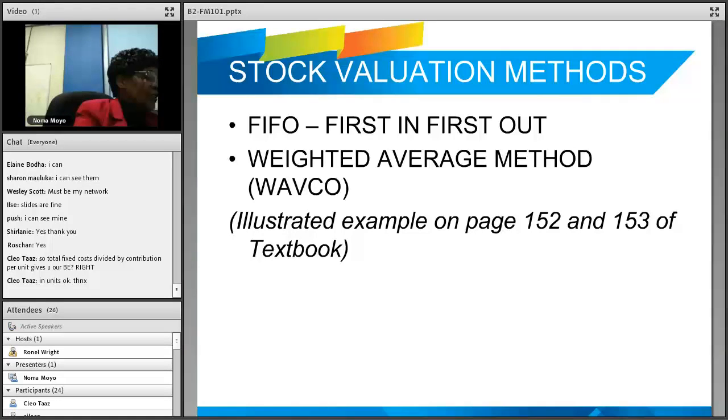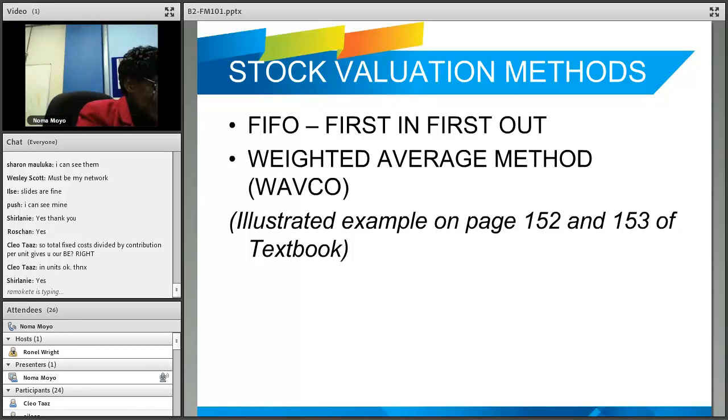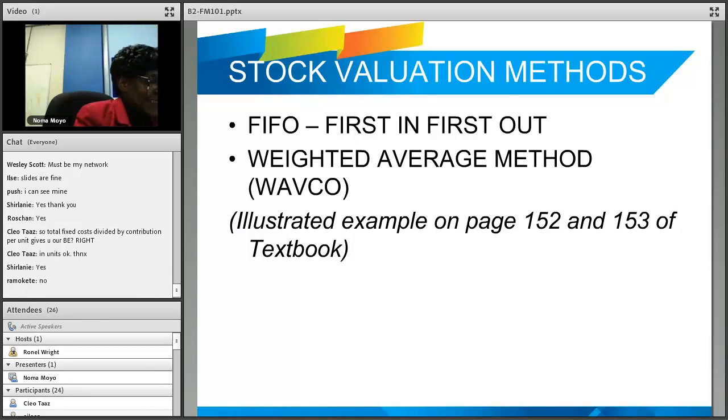But what we do now is we add 1,920 plus the 600 and get 2,520, and divide by the 220 to get an average, which means now our average is going to be 11.45.